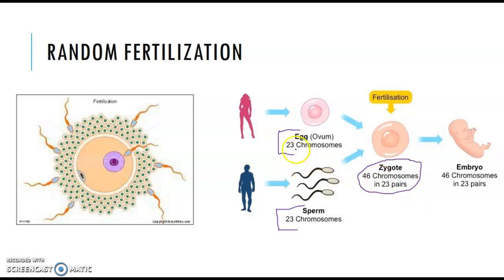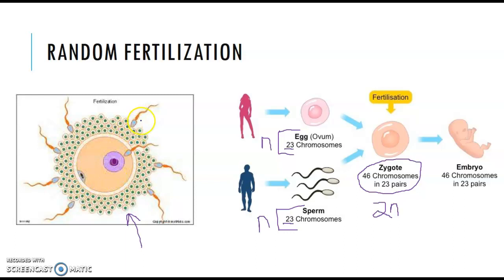Notice again that you have 23 chromosomes in the egg and 23 chromosomes in the sperm. So these are both haploid. And when they come together, they create a diploid zygote. So let's look at this picture over here really quick too. This is one egg that's trying to be fertilized by multiple sperm.